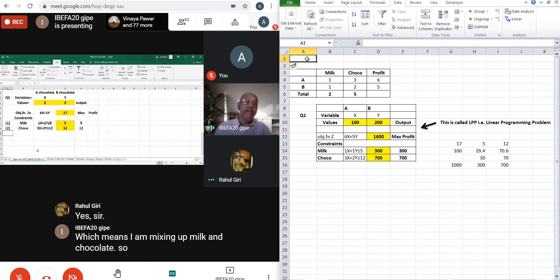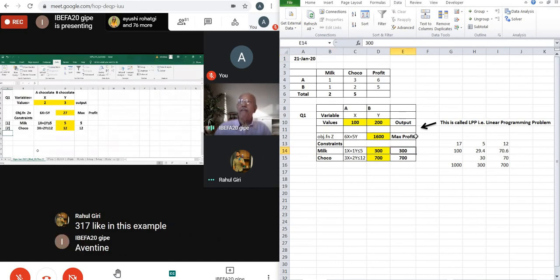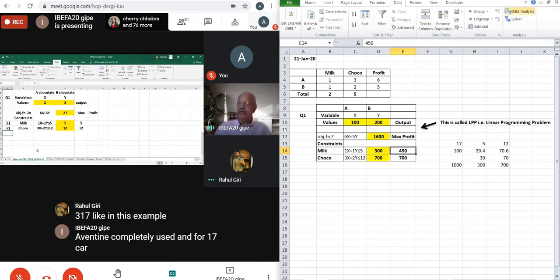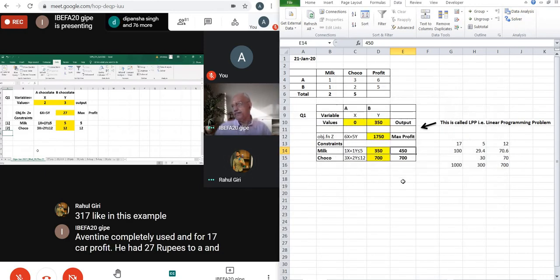So the maximum mixture weight, how much? Sir, 17, like in this example. 17, completely used, and for 17 the profit is 27 rupees, 2A and 3B. Okay, sir.